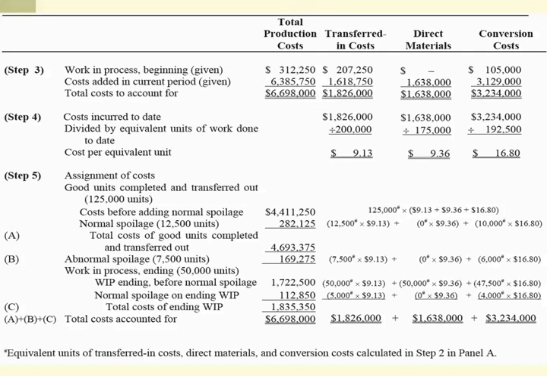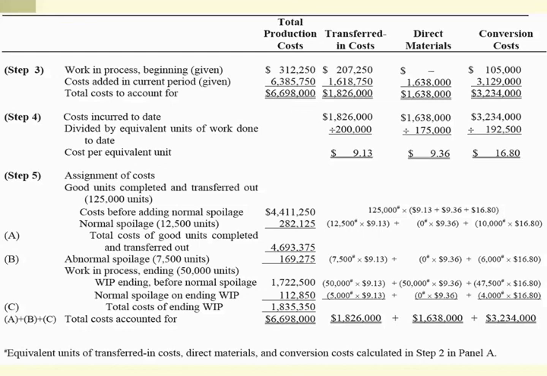Then we need to add normal spoilage on ending work in process: 5,000 multiplied by 9.13 for transferred in cost plus 0 multiplied by 9.36 for direct material plus 4,000 multiplied by 16.8 for conversion costs, with total normal spoilage on ending work in process 112,850.